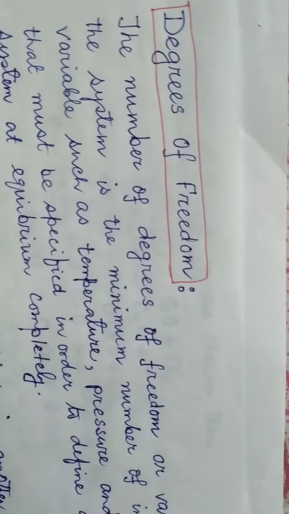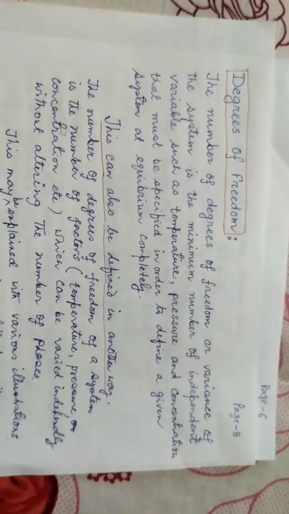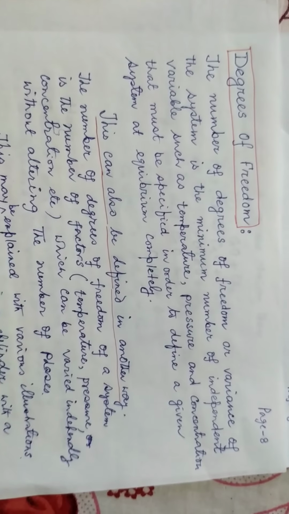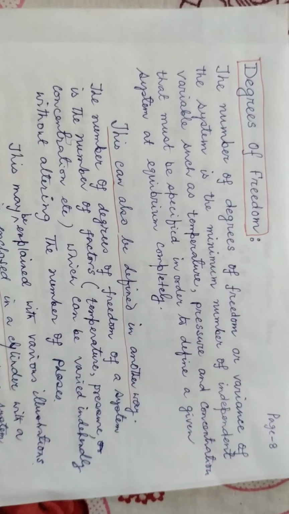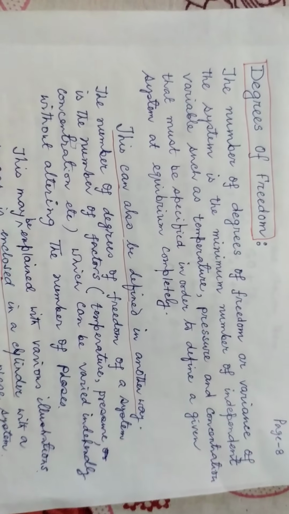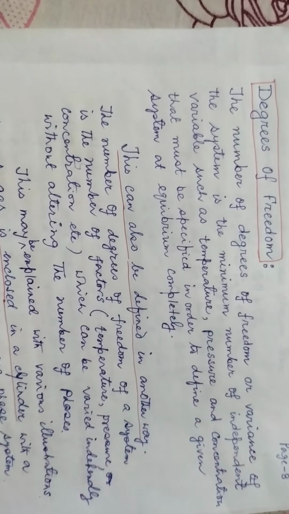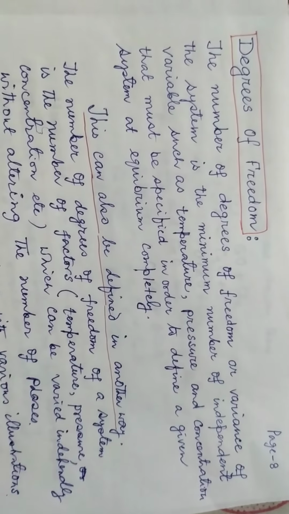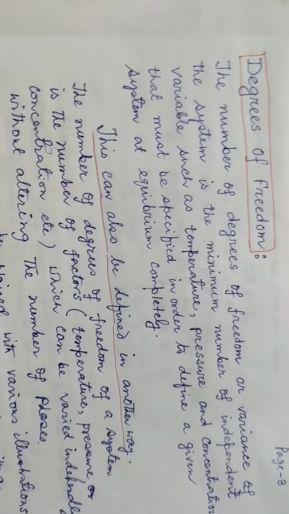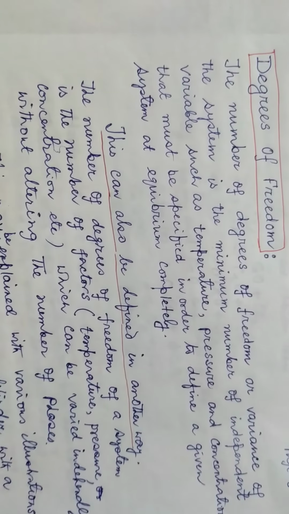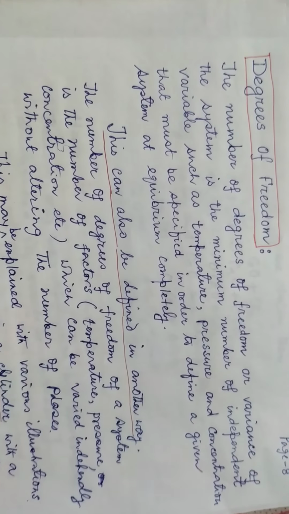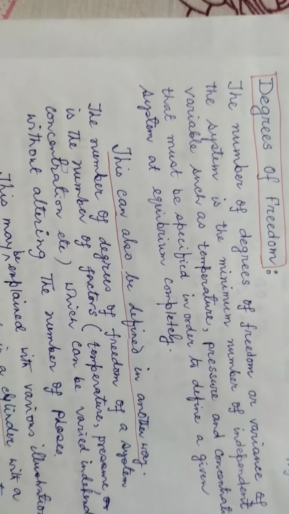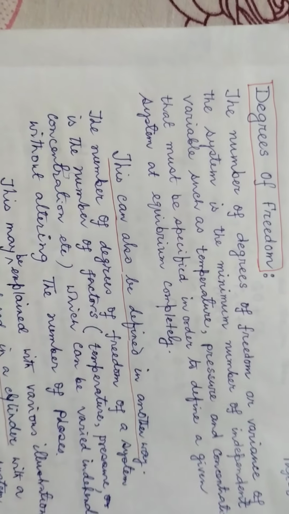The number of degrees of freedom or variance of the system is the minimum number of independent variables such as temperature, pressure and concentration that must be specified in order to define a given system at equilibrium completely.